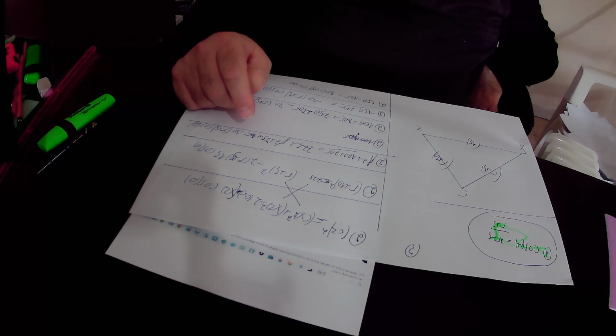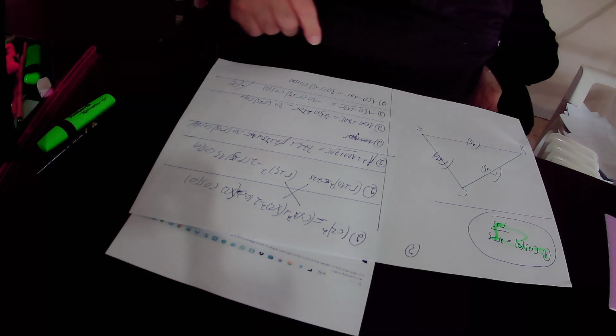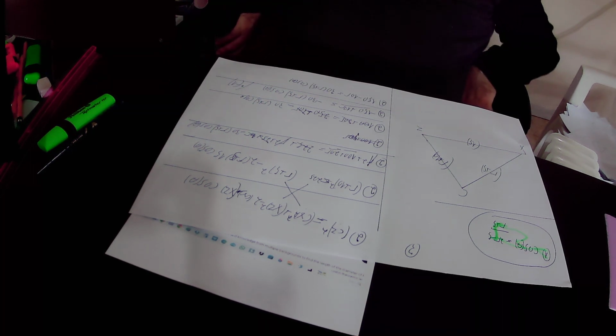Here we open the brackets on both sides of equation number 2, and we got that (r plus 10) squared equals r squared plus 10 squared plus 2 times r times 10, that is 20r, and it is equal to (r plus 5) squared, that is actually r squared plus 5 squared, that is 25, minus 2 times r times 5, that is minus 10r, minus 2 times (r plus 5) times 15 times cosine theta.